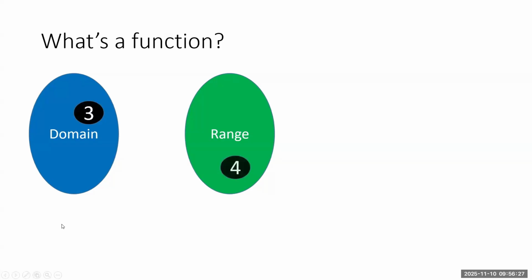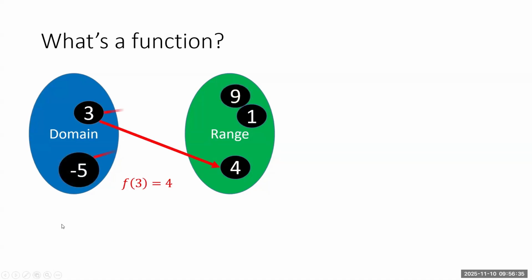If I have 3 and -5 in the domain space, and in the range space, I have 9, 1, and 4, then I'm going to have a mapping where I have 2 arrows coming out of 3 in the domain space, and they are going to 9 and 4.